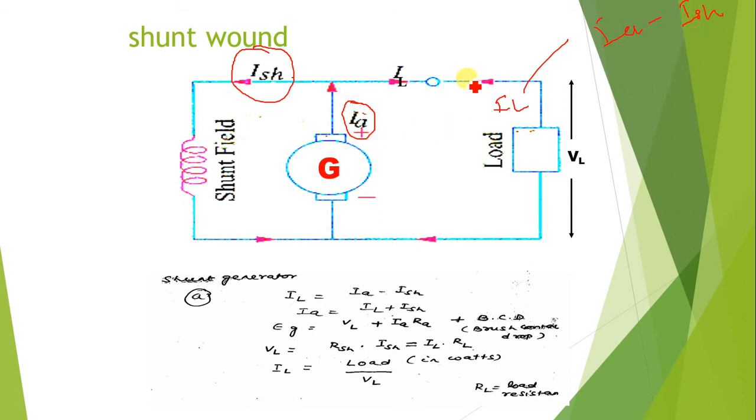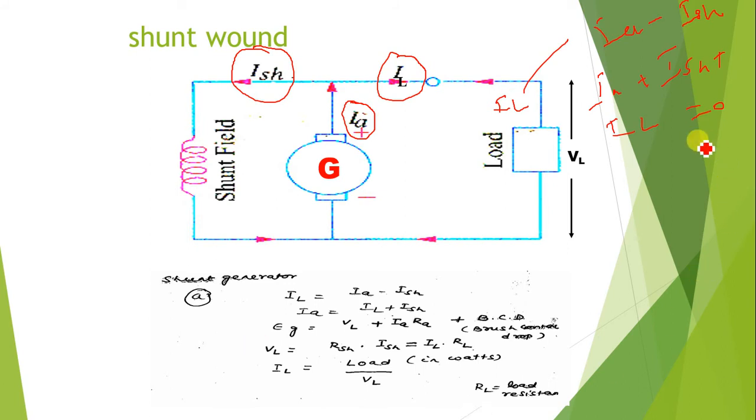The current division is happening here. So the current that passes through the load is equivalent to Ia minus Ish, or the algebraic sum of currents, Ia plus Ish plus IL, is equivalent to 0, according to Kirchhoff's current law.